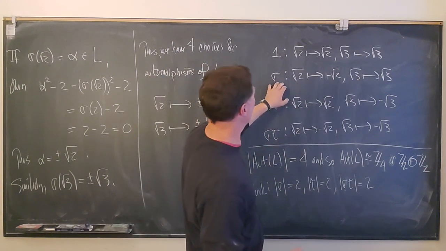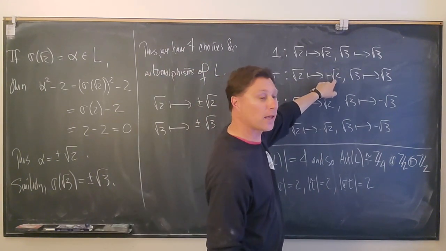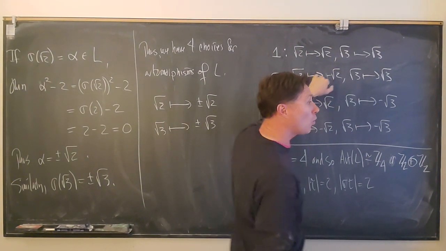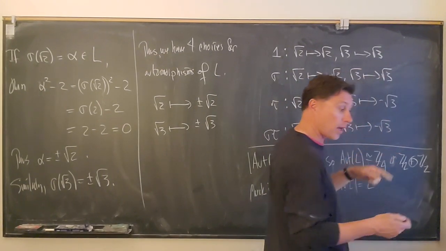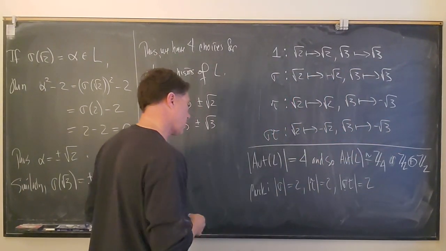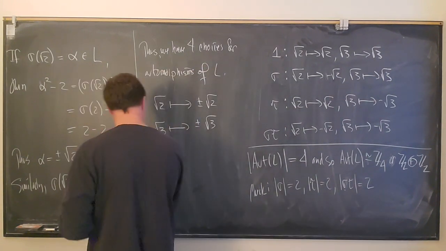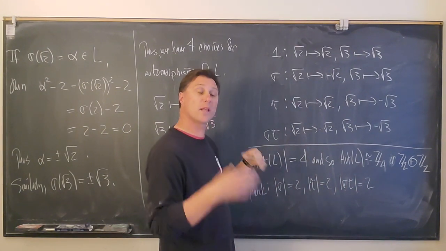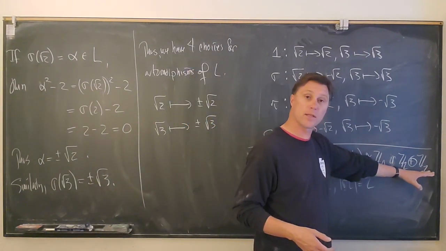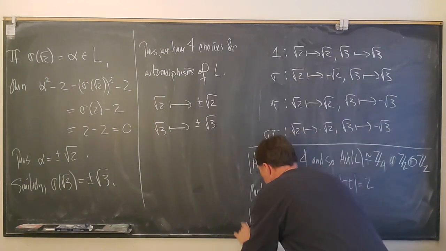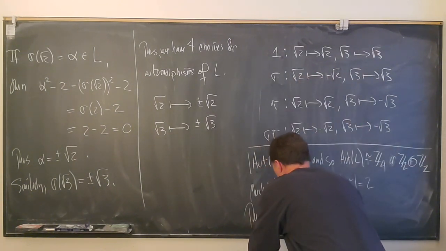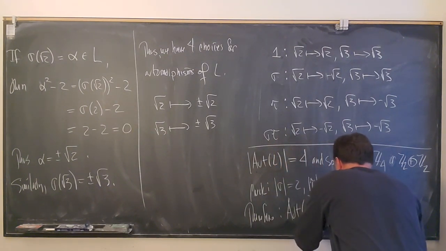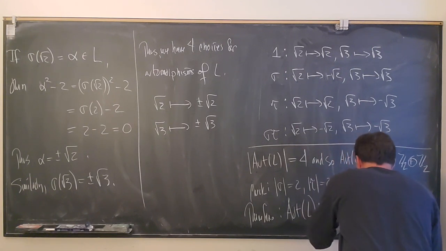If you send root 2 to negative root 2, and then repeat that, root 2 goes to negative root 2, which goes to positive root 2 as you iterate it. That's how you get the identity. In other words, there's no element of order 4, which means that the group has to be isomorphic to Z2 plus Z2. So therefore, it is isomorphic to Z2 plus Z2.